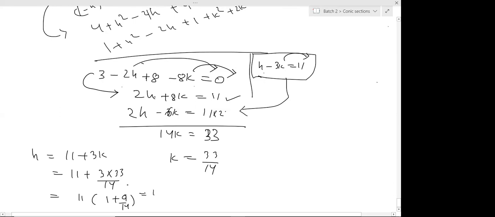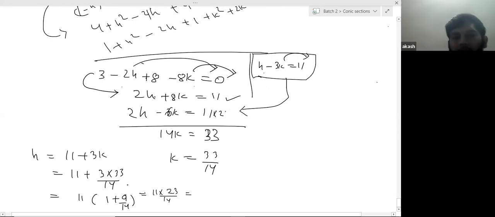So this is, you can calculate this. 11 3s are 33. 2 11s are 22. Okay, you can find the radius also. All right, you can check if I have any calculation mistakes also.